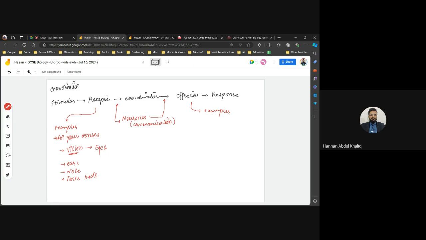So we have many kinds of receptors, out of which we need to talk about eyes. Similarly, what are our effectors? Effectors are those which make the effect, muscles, through which we show response. So muscles are effectors. Then a very big effector is glands. Glands secrete chemicals as a response.